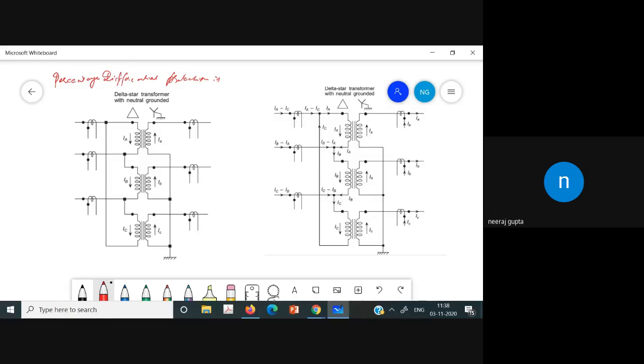How can we label the currents in this type of transformer? First, we determine the instantaneous direction of the secondary winding current. So what is the first step? The first step is the direction of the secondary currents.